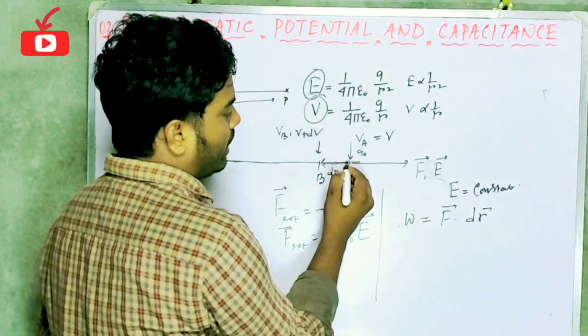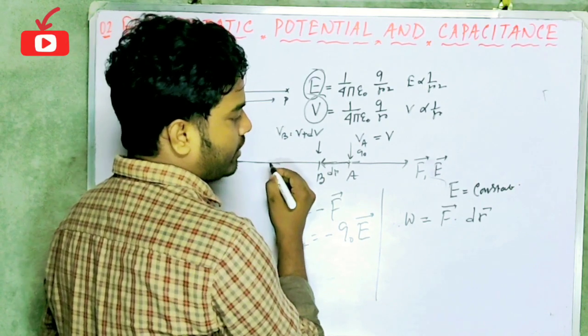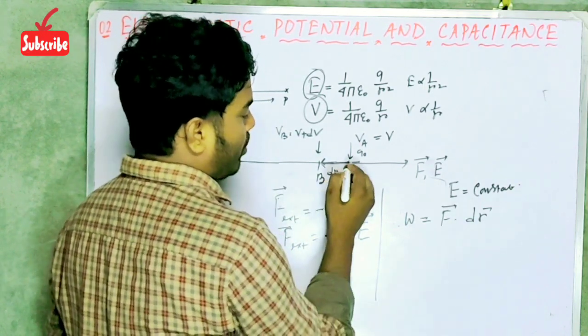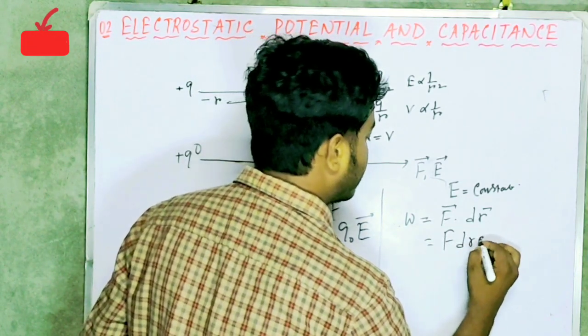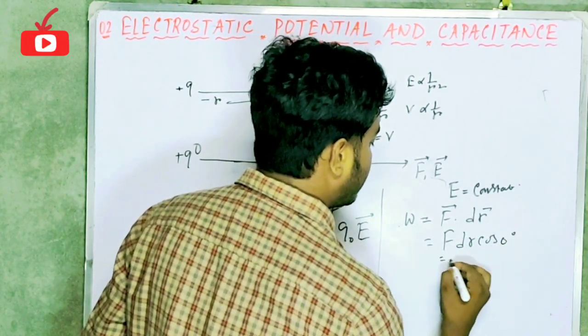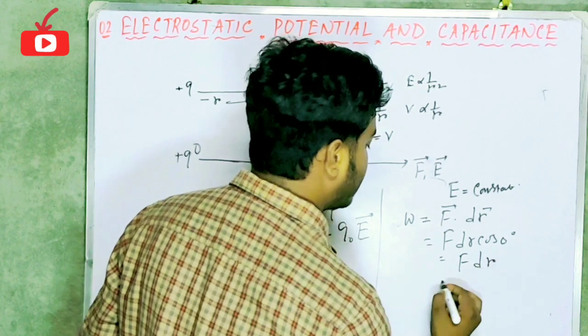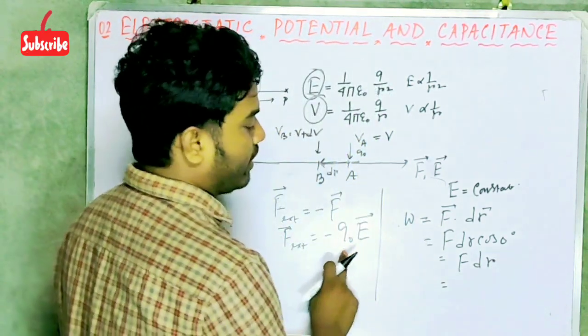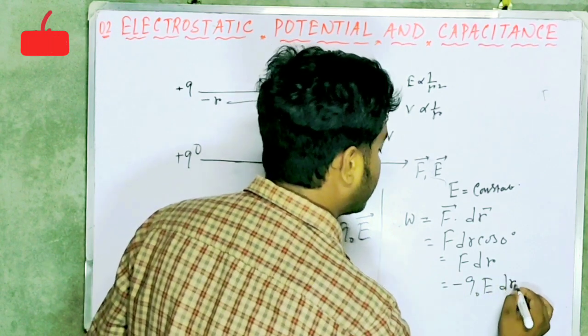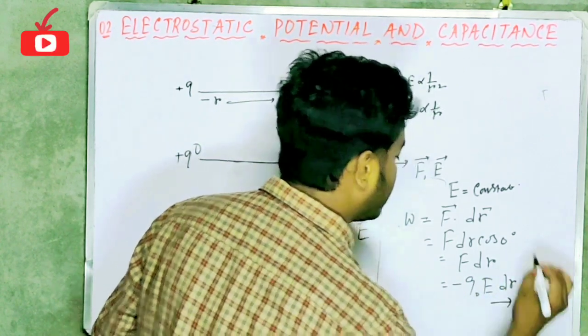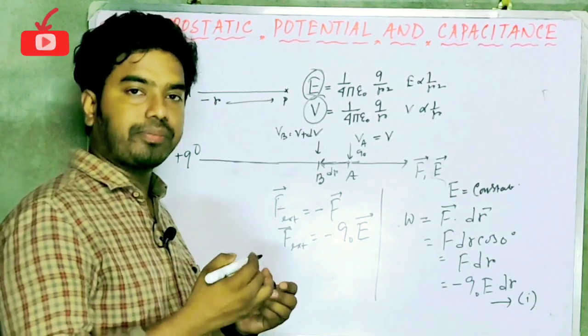Here the external force is directed along this side, and dr is also in the same direction. So this expression will be F dr cos 0, that is F dr. Now putting the value of F, that is minus Q naught into E into dr. This is equation number 1.